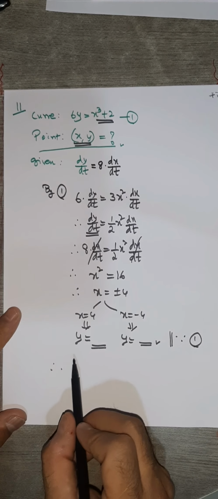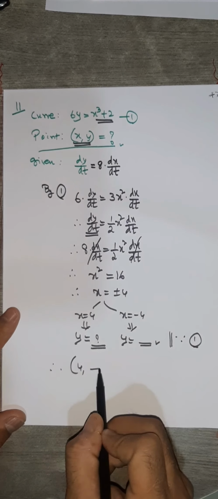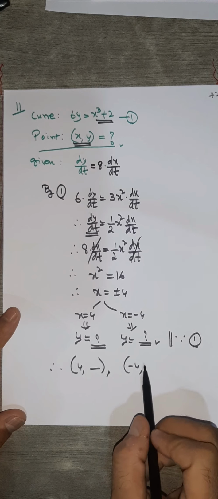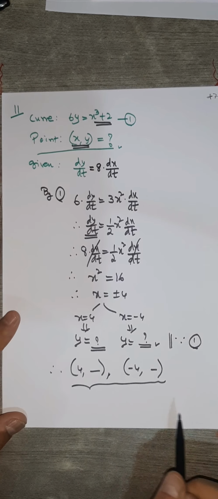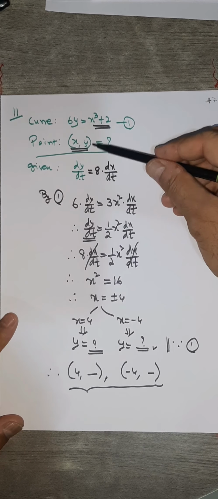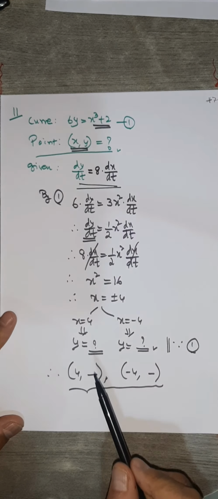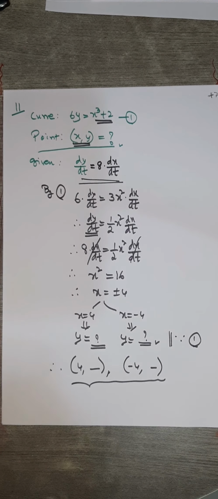And therefore, you will get the required points here. 4 comma, values obtained from here. And the other value is minus 4 comma, the other value which you can find very easily. Right? So you were asked to get the points on the curve satisfying this condition. Change in the y coordinates equals to 8 times the change in the x coordinate.